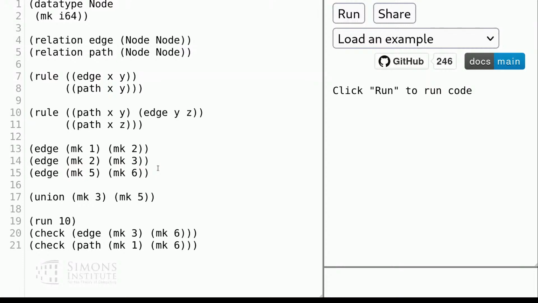Now, of course, if you ran the program at this point, there would be no path from 1 to 6. But this is the sort of magical equivalence tuple. You can just say, hey, node 5 and node 3 become the same, right? That means these are identified and are now completely indistinguishable to the system, right?